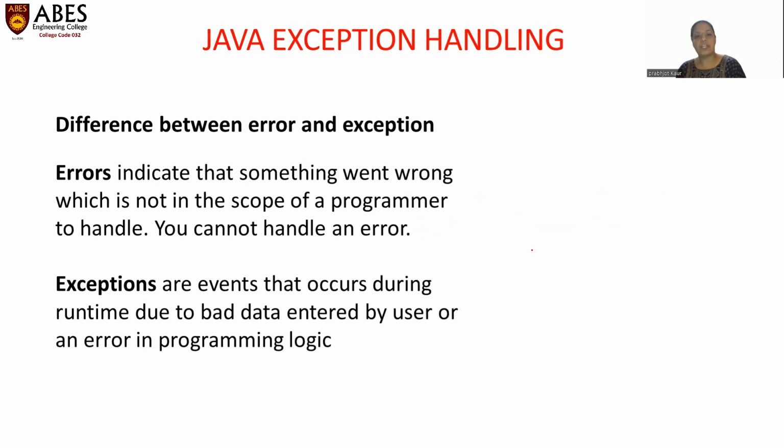Now, what is the difference between error and exception? Error indicates that something went wrong, which is not in the scope of a programmer to handle. A programmer cannot handle an error. A situation which cannot be handled by a programmer is known as an error, like system failure, disk failure, unavailability of resources.